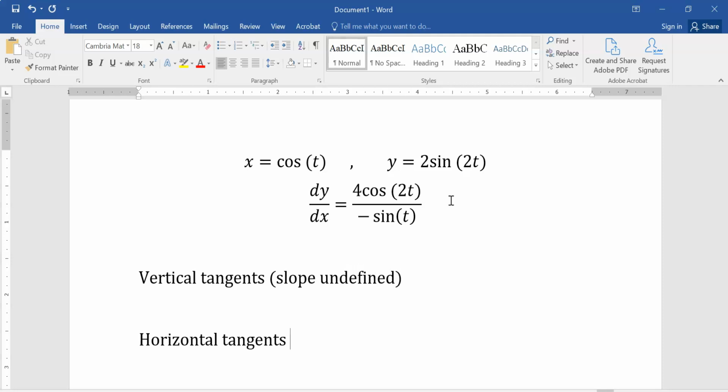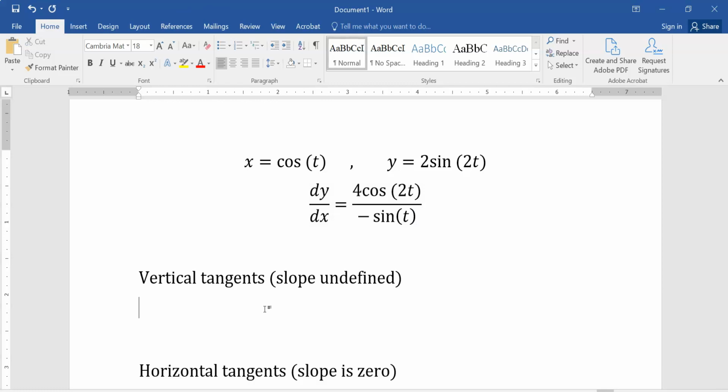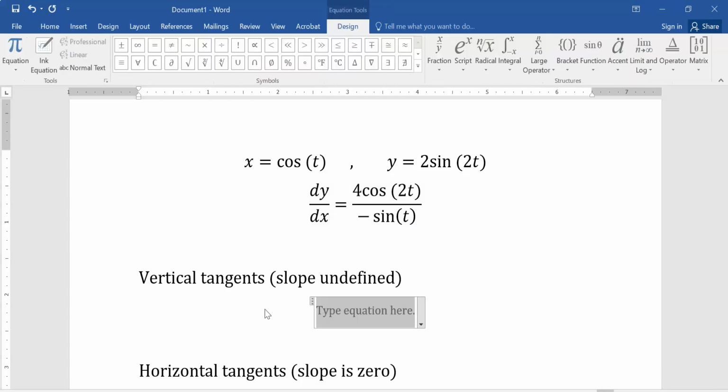We know that horizontal tangents happen when the slope is 0. And so all we have to do, when is the slope undefined? Well, when the denominator is 0. So all we have to do to find our vertical tangents is set that denominator, negative sine of t, equal to 0, and then solve for t.